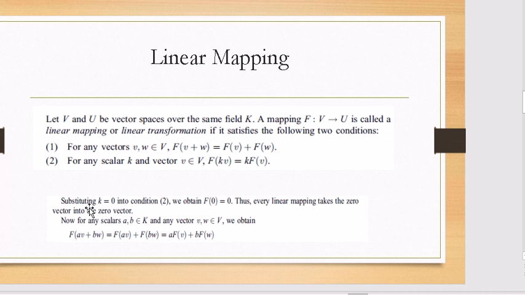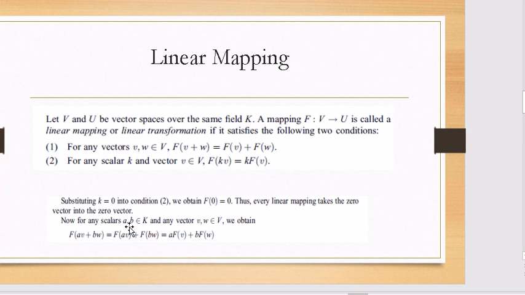If we substitute k equal to 0 into condition 2, then we obtain f of 0 equal to 0. That is, the image of the zero vector is always zero under a linear mapping. Now these two conditions 1 and 2 can be summarized in a single relationship.